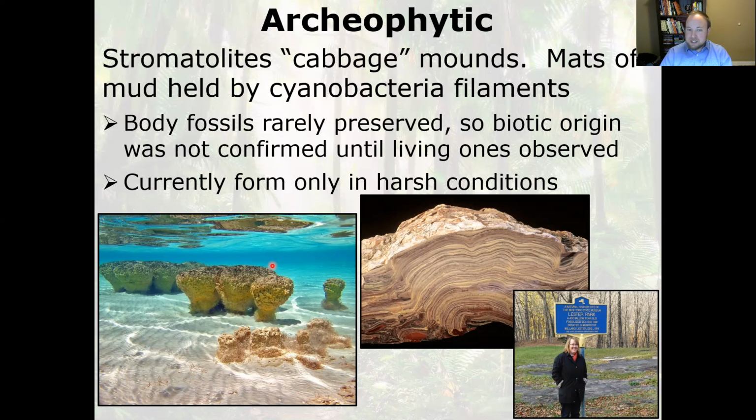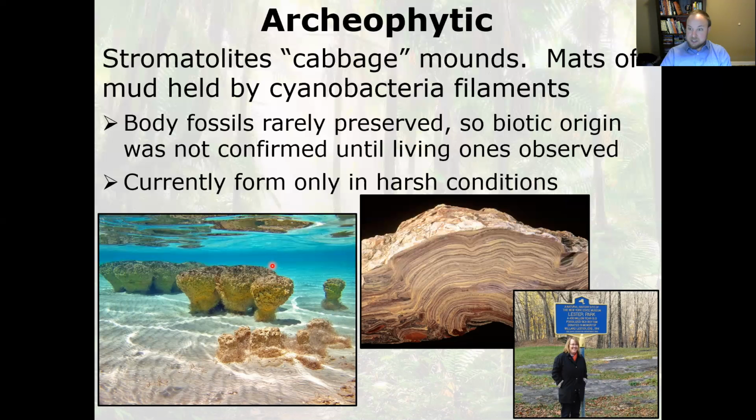So why are they only in these harsh conditions now? One of the ideas is that as soon as the metazoans, the complex multicellular animals, arose, they started feeding on this stuff. They have no real defense. They can't go anywhere. They don't have any protective skeletons. They're essentially just pond scum.